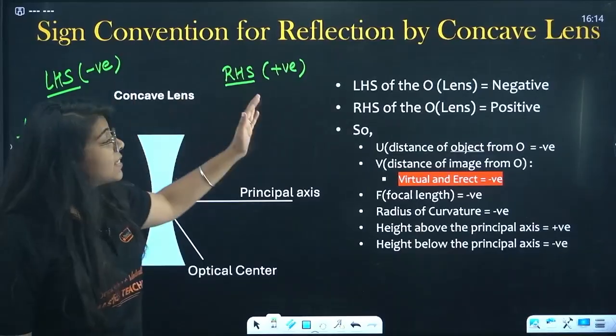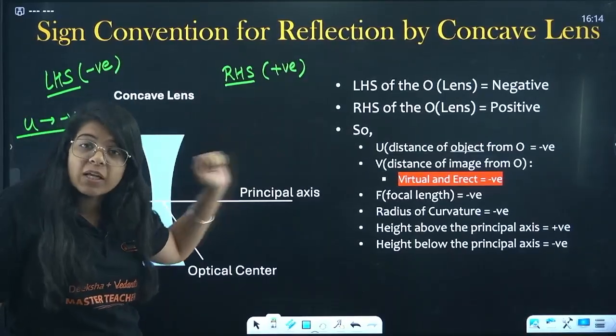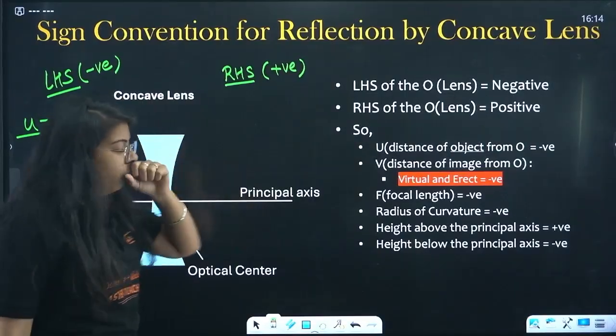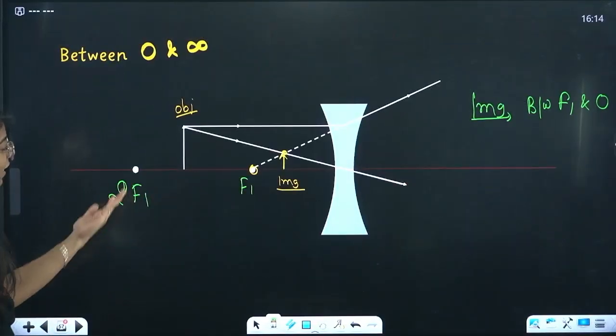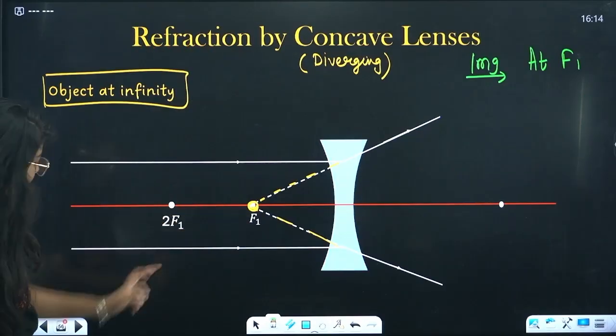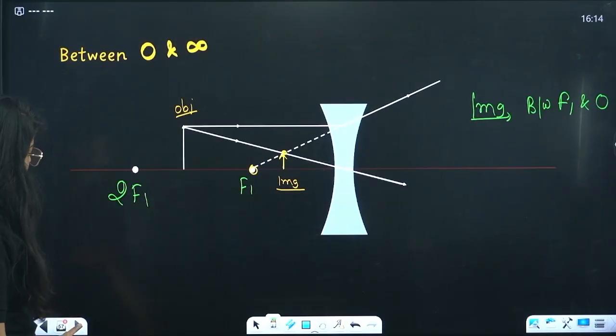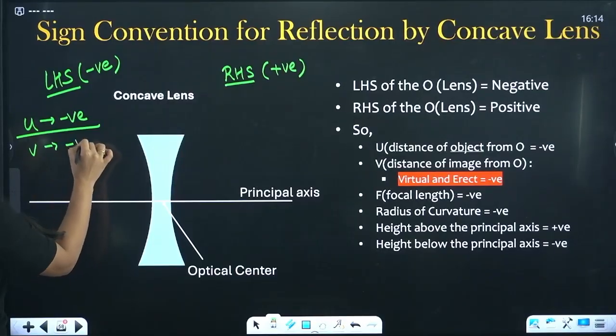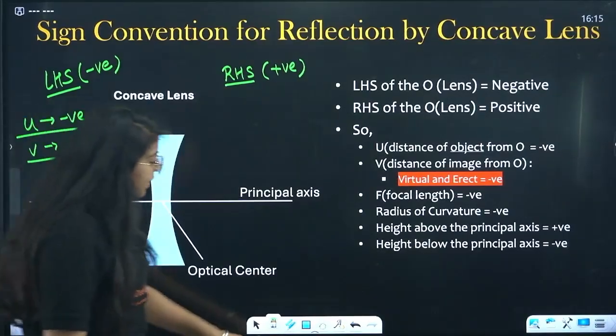Now in lenses, we are seeing that the image is formed on the right hand side, but this is a concave lens. In concave lens, the image is being formed on the left hand side. So on the left hand side, V will also be negative.